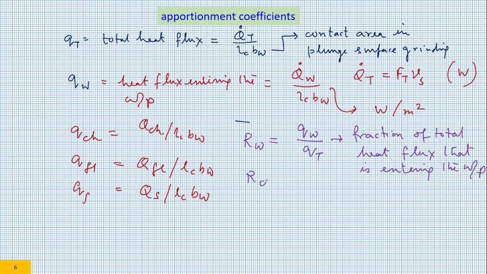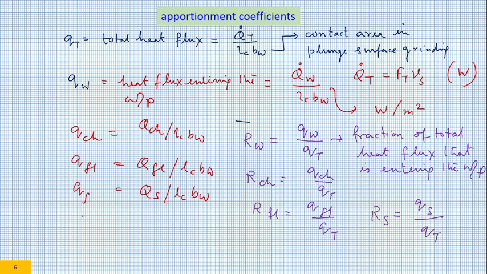Similarly, you have RCH, which is QCH by QT. You have RFL, which is QFL by QT. You have RS, which is QS by QT. What is QS? QS is the amount of heat flux entering the grinding wheel.